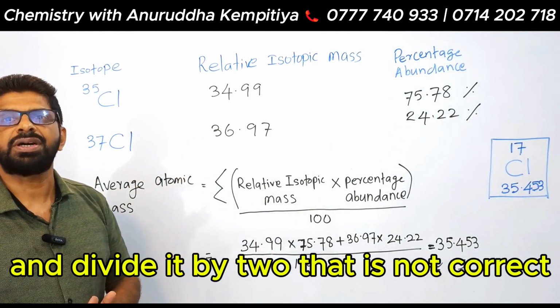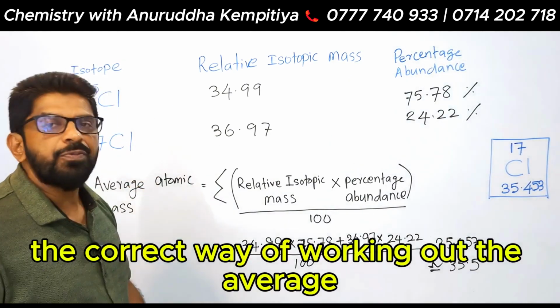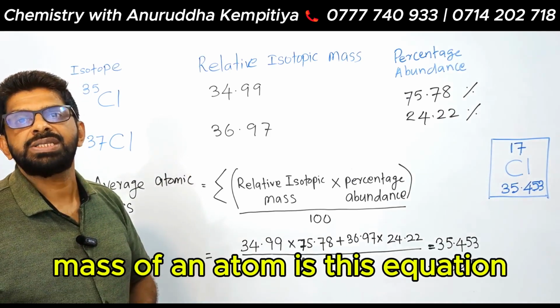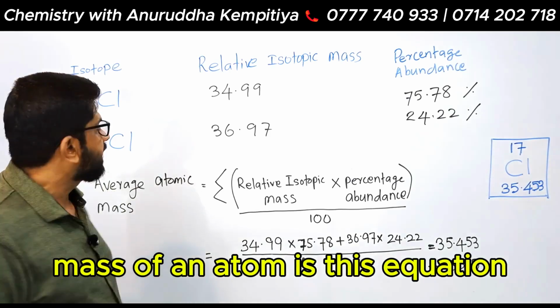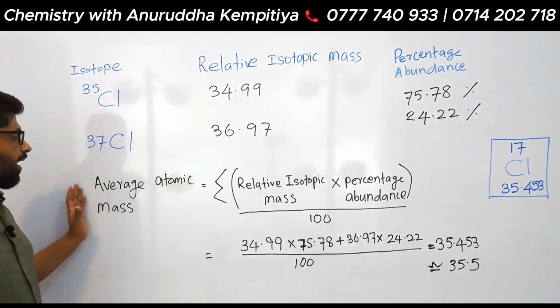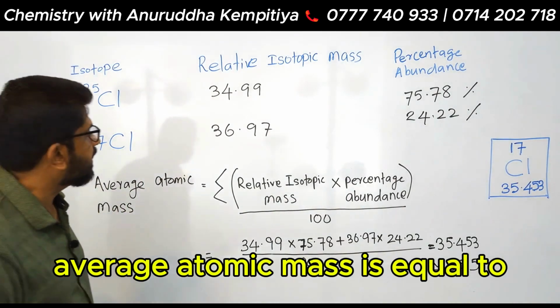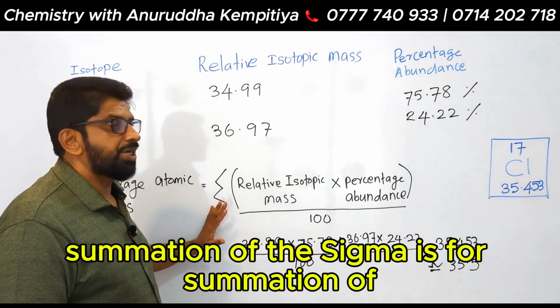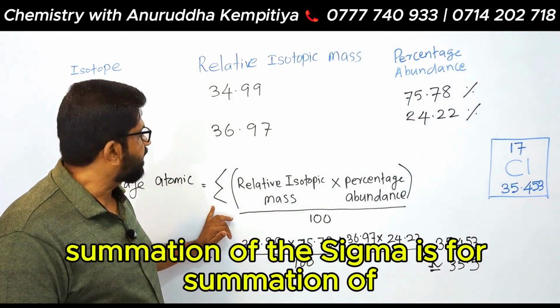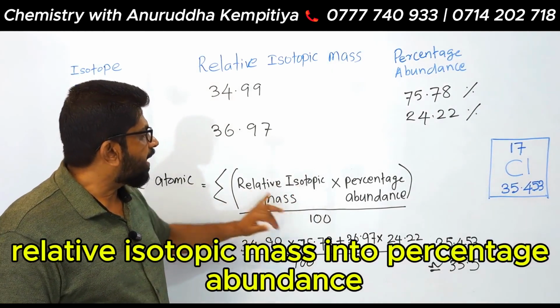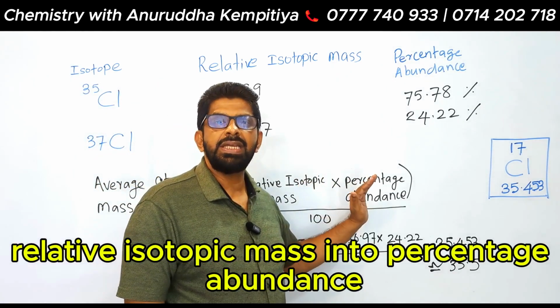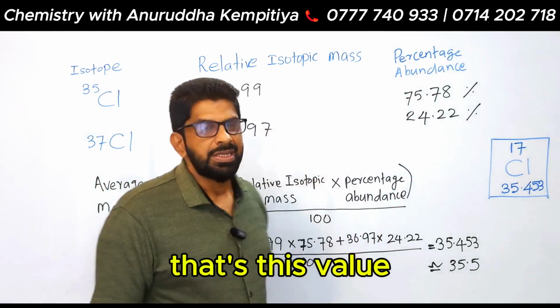That is not correct. The correct way of working out the average mass of an atom is this equation. Average atomic mass is equal to the summation of, sigma is for summation, relative isotopic mass times percentage abundance. That's this value. This is the way.